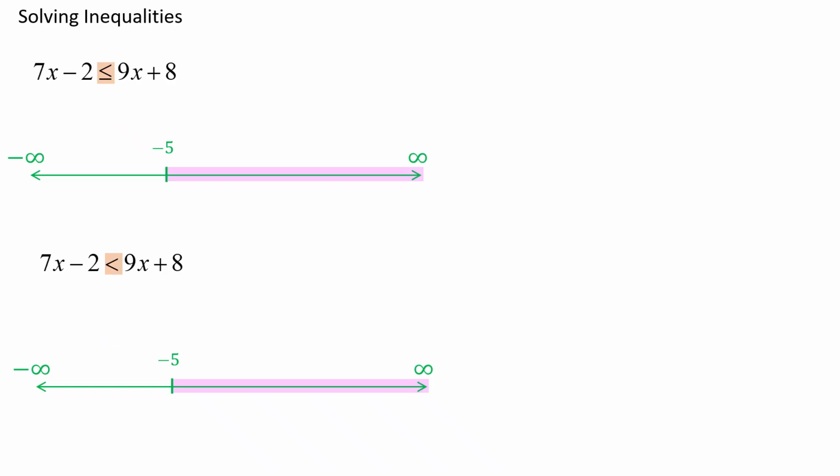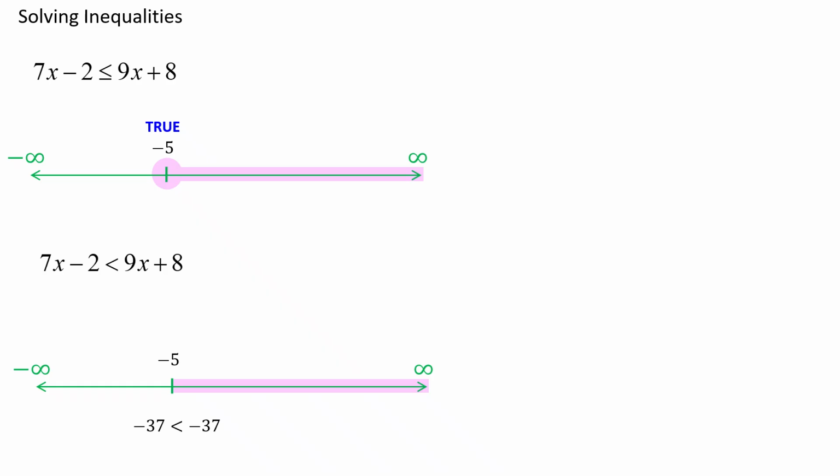But because one of these problems has an equals built into it and one of them is strict and doesn't, what happens at -5 is going to be different. For the first problem, you'll remember from before when we plugged in -5, we got this statement. -37 less than or equal to -37 is true. And so we included -5 as part of our solution. By contrast, in the second problem, if we were to plug in -5, we would get negative 37 is less than negative 37.